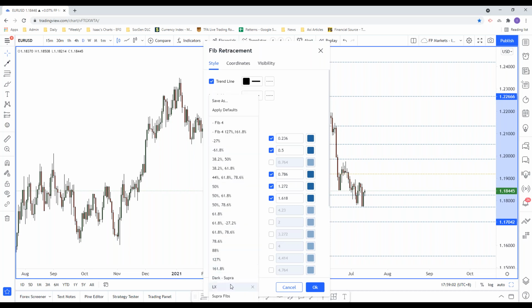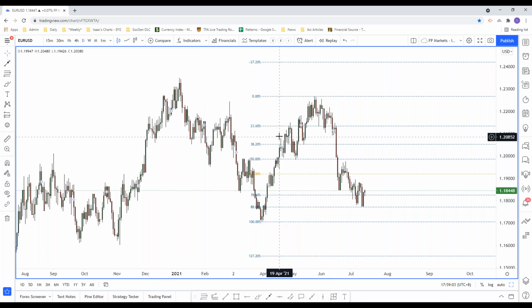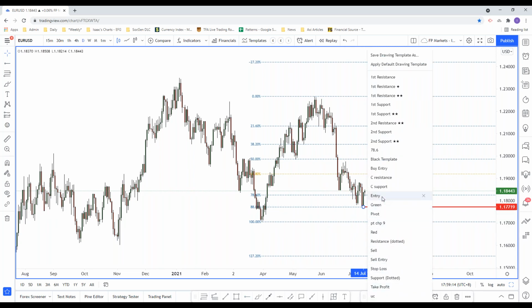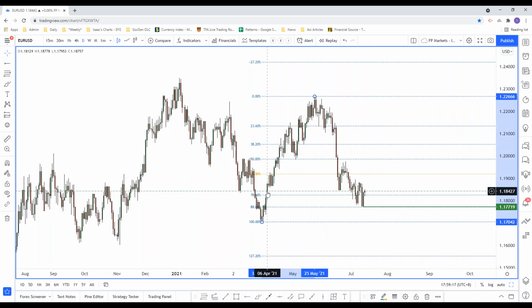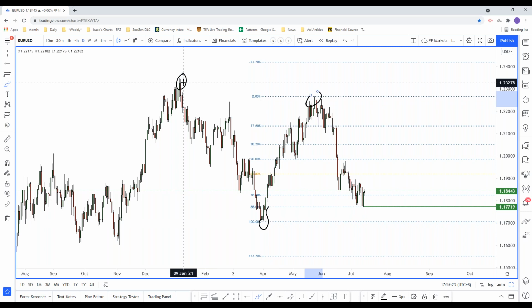I'm just going to use the default, and it follows the Fibonacci trendline principle. You see that price spiked down to this area, the 88 level, so you can draw a support there, an 88% retracement.